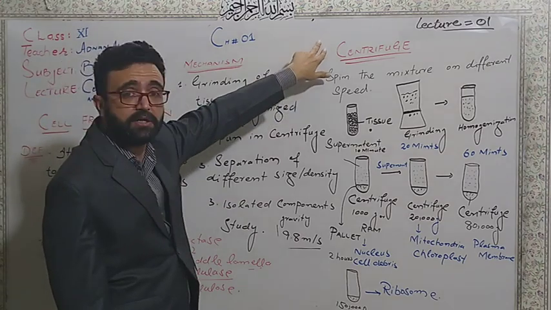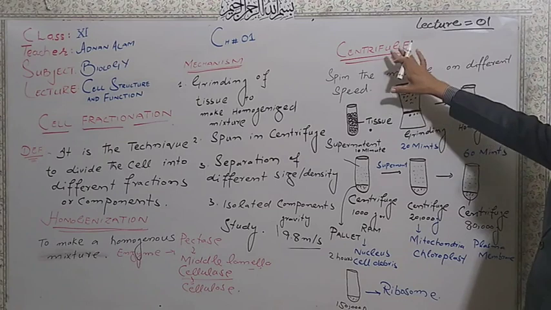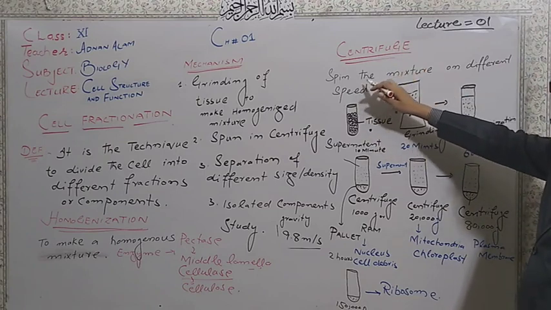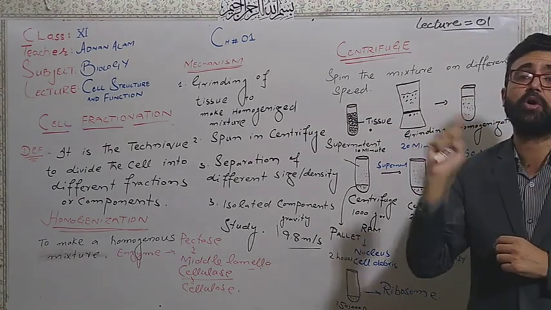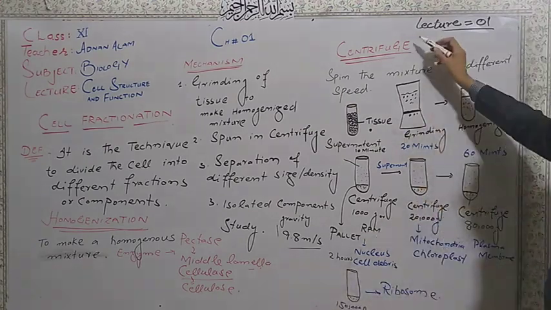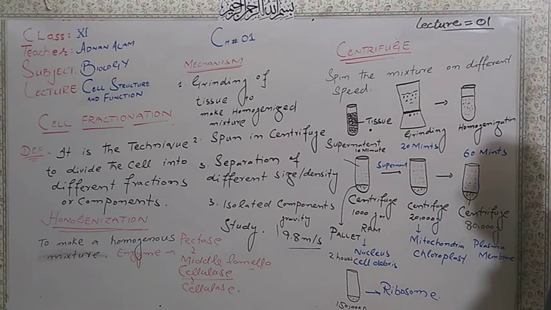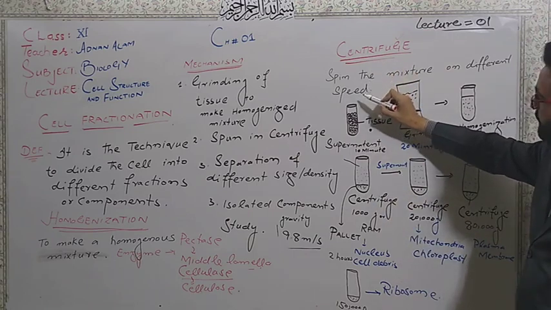Let's study centrifugation first. Centrifugation is a process by which we spin a mixture at different speeds, we rotate it, and the machine used is called a centrifuge machine. Let's study the steps.